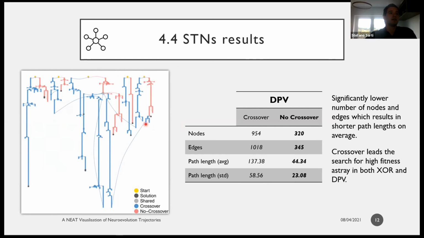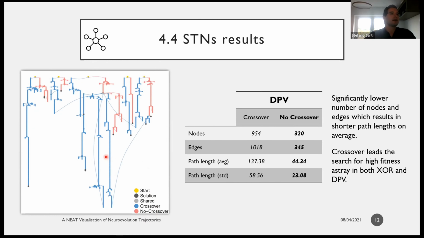This appears to be a much tidier looking plot because there seems to be less interaction, although there are still points of attraction, points that are shared between other variants and other trajectories. But here, even more, you can see that the length of these trajectories is indeed shorter than the crossover variant.